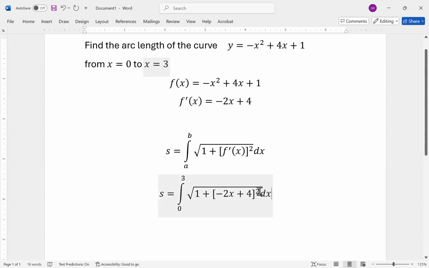You can probably do this by hand if you'd like, but it's much more efficient to utilize the calculator. So I'm going to integrate from 0 to 3 the square root of 1 plus the quantity negative 2x plus 4, that quantity being squared, with respect to x. Make sure that you put parentheses around negative 2x plus 4 because that entire thing is being squared.